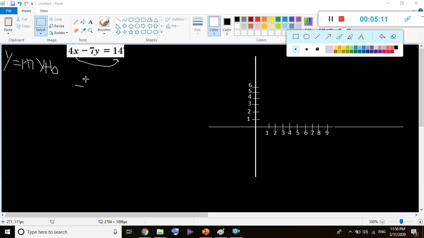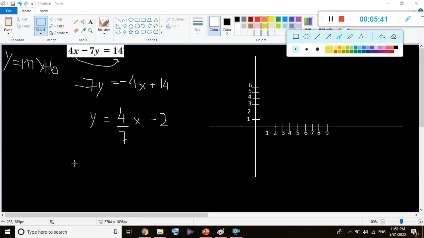So it's gonna be negative 7y equals negative 4x plus 14. Then we're going to divide everything by 7, so y equals negative 4 over negative 7, which is 4 over 7x. 14 divided by negative 7 is going to be negative 2.